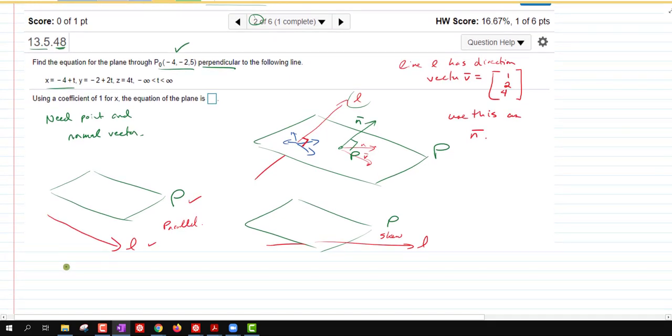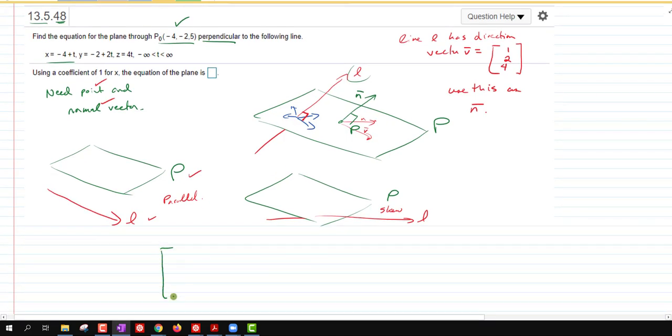So now we've got both a point and a normal vector, so we're ready to give the equation of the plane. You could write the plane's equation this way: 1, 2, 4 dotted with the vector x plus 4, and then y plus 2 for the second component, and then z minus 5 for the third component, and set that equal to 0.